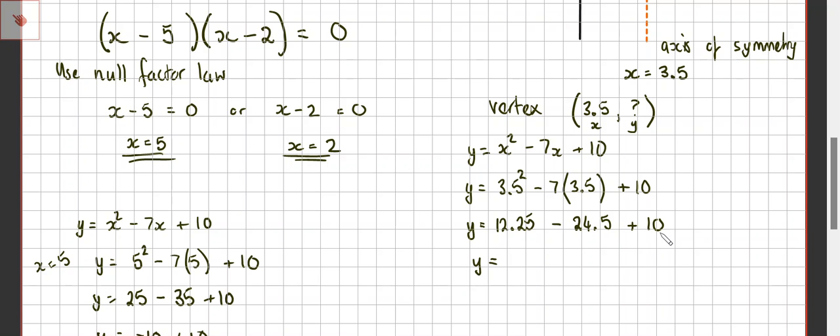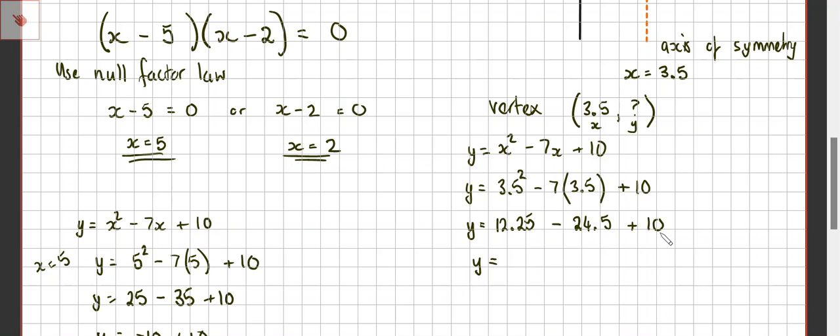Can you do it? Sorry, I'm waiting. Do it again then. 12.25, subtract 24.5, plus 10.